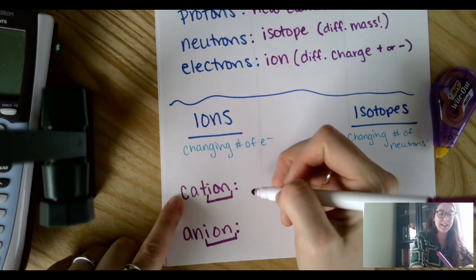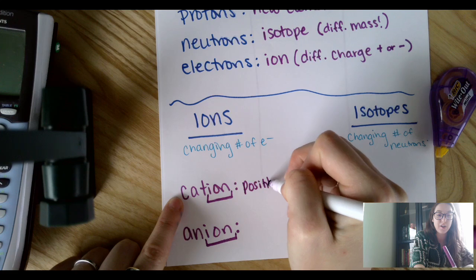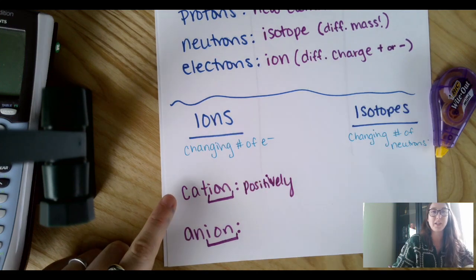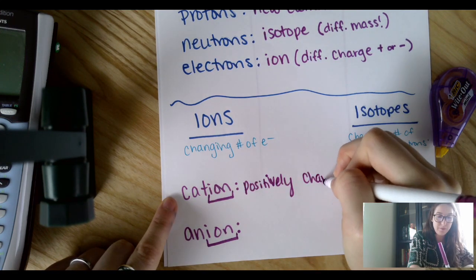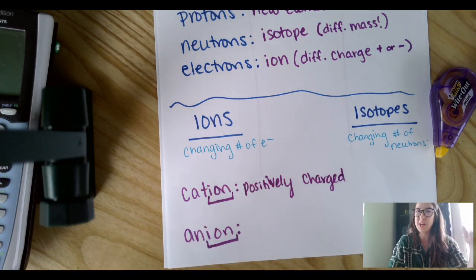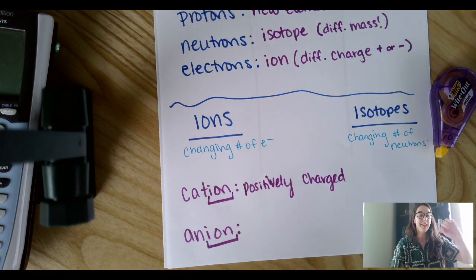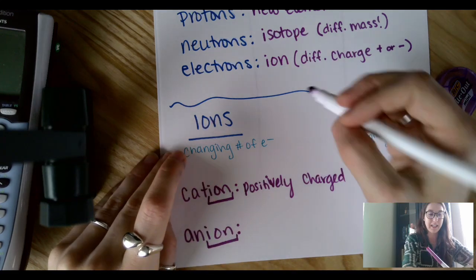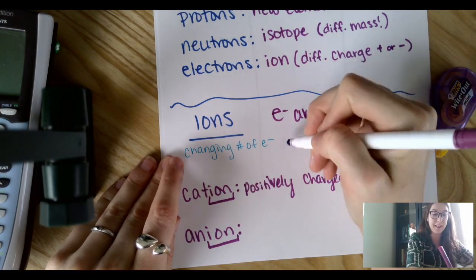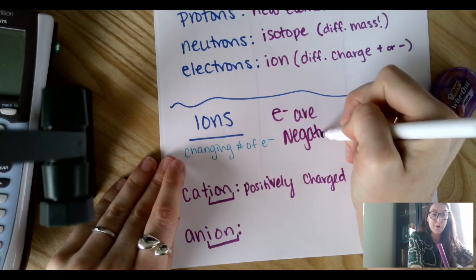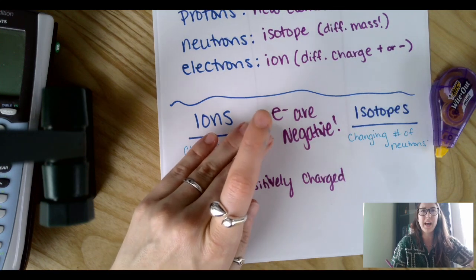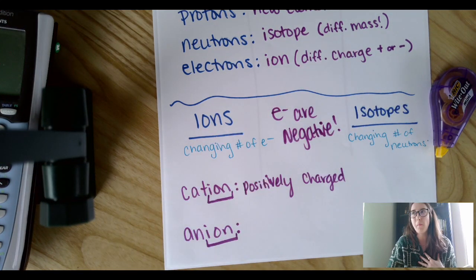A cation is when you have a positively charged ion, okay? It's positively charged. And this means you lost electrons or gained electrons. And think about it, don't answer too quick. Because electrons are negative. This is super important, okay? Electrons are negative. So think about this. If an element gains electrons, they're gaining negative particles, right?